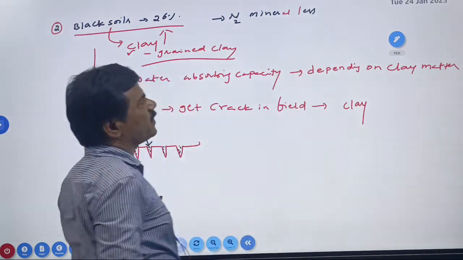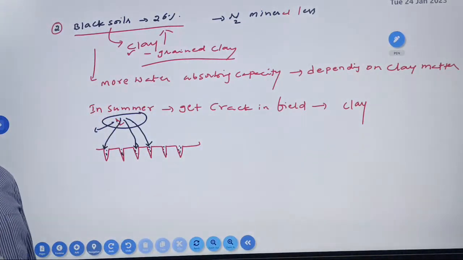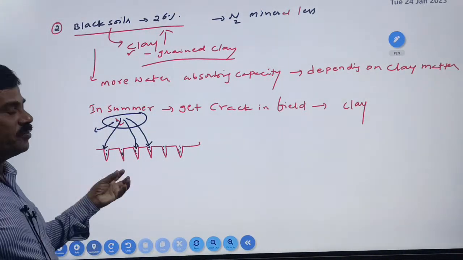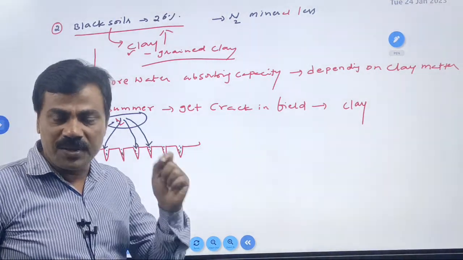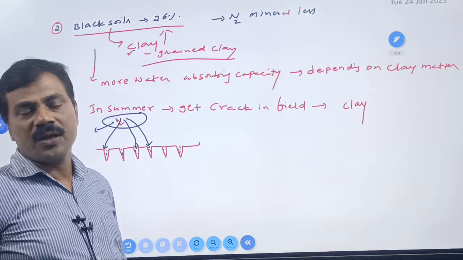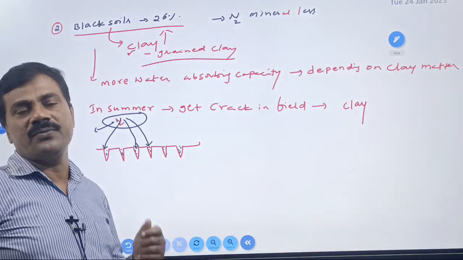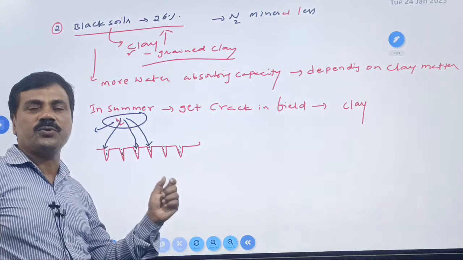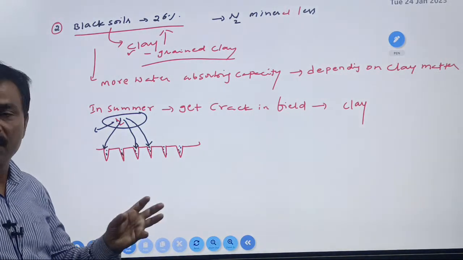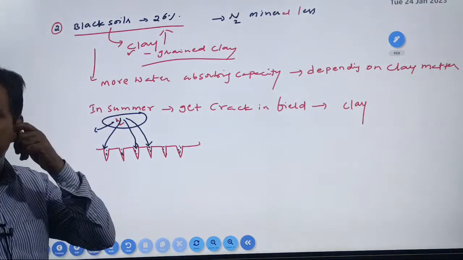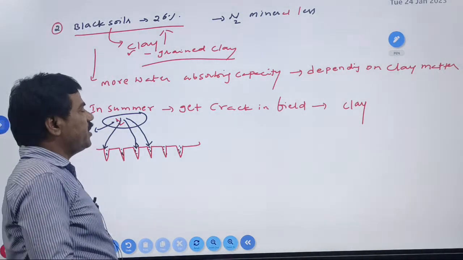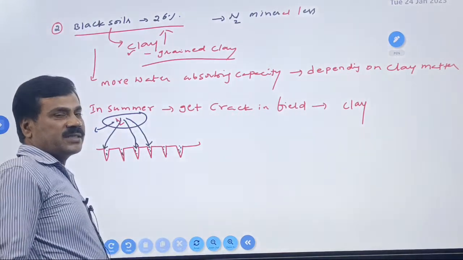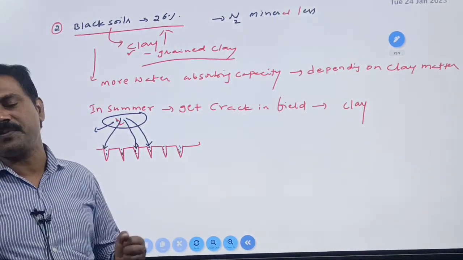Nitrogen mineral percentage is very low. If you want more productivity in black soil, you must give nitrogen to the soil. Black soils naturally absorb nitrogen from the atmosphere by wind.